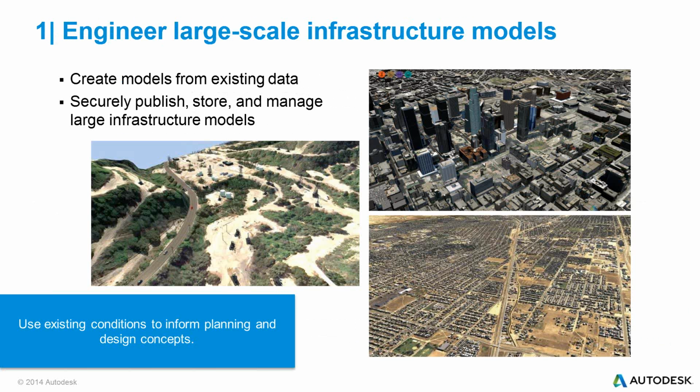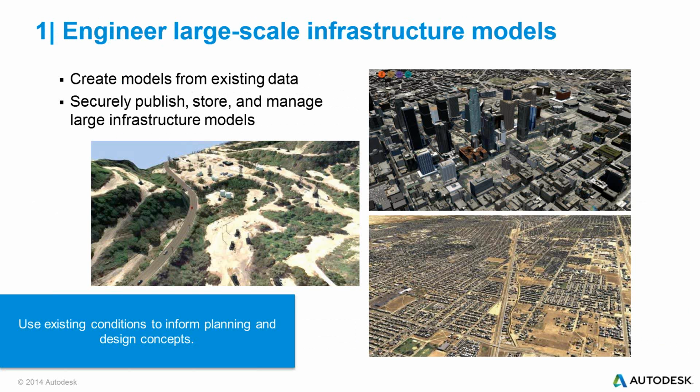Preliminary design and engineering is an important, often forgotten phase in the life cycle of a project. So we want to be able to create an existing model, then secure, publish, store, and manage that large infrastructure model. Clearly you can see the value in using existing conditions to inform planning and design concepts.